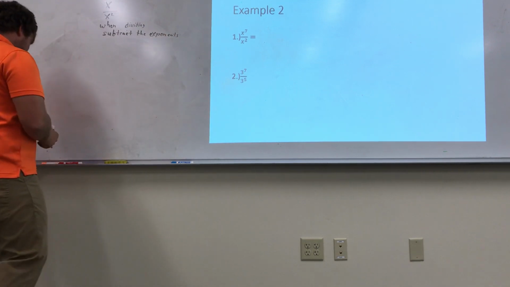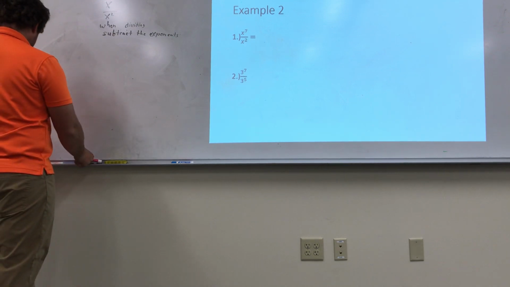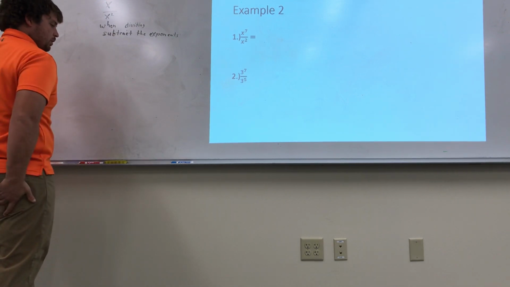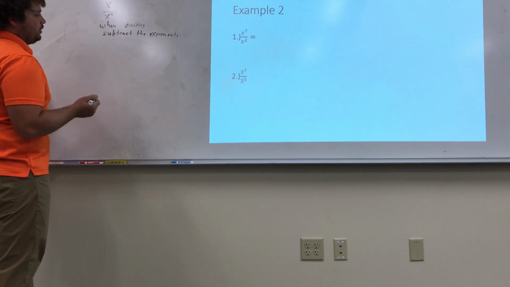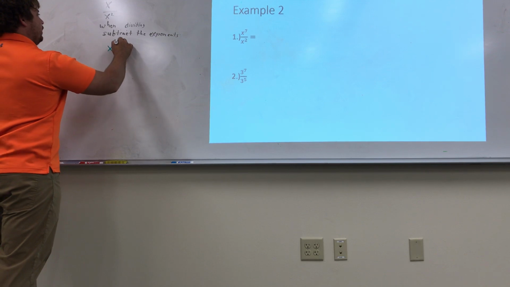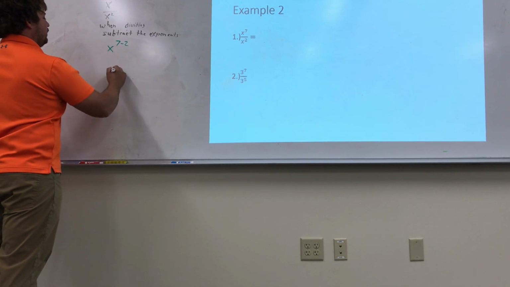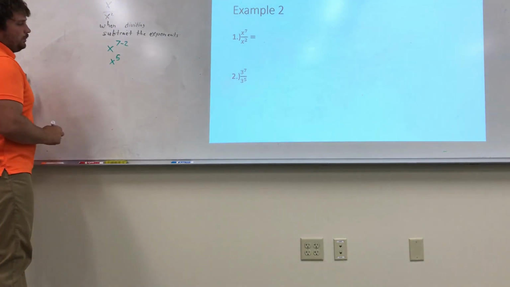So, in this case, we're going to subtract our exponents. When we subtract our exponents, we get x to the 7th minus 2. When we subtract that, we get x to the 5th.